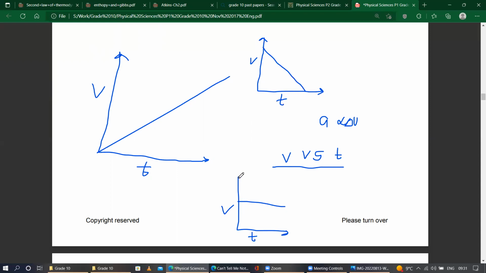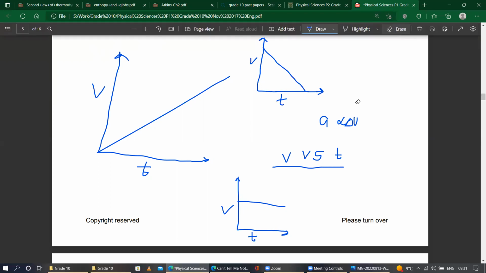Just from the looks of this, which one do you think is correct for the velocity versus time graph of an accelerating car? I would say the one on the top right.